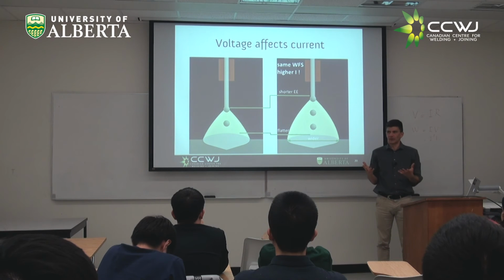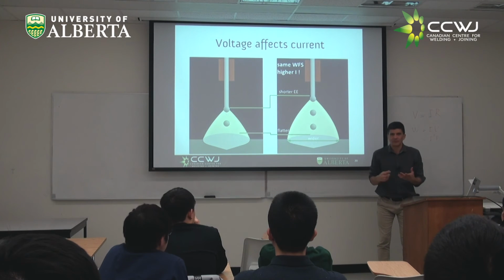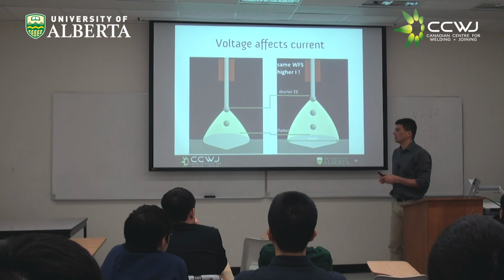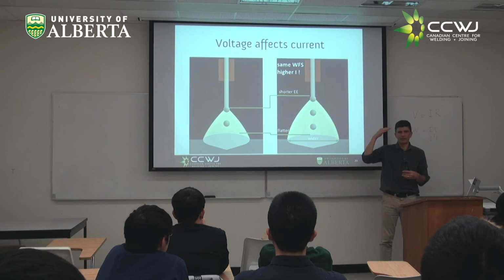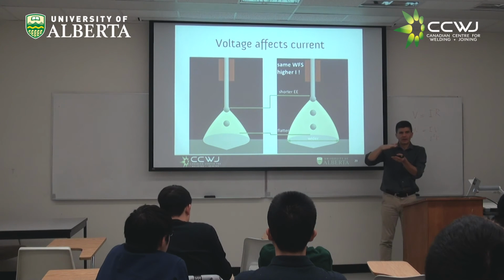If I want a higher current in MIG, what do I change? Wire feed speed. So you give more wire feed speed and the current goes up, right? That's the way the machine sets the current by itself to be whatever current is going to melt all that wire with that arc length.